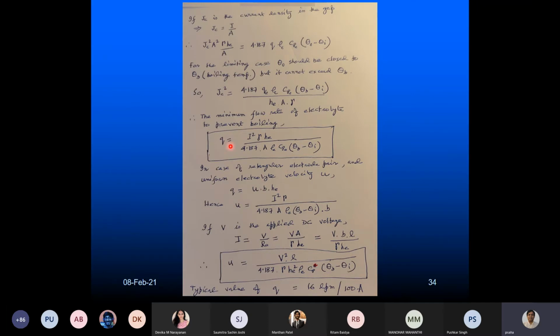So we will put the value of Q in this equation.